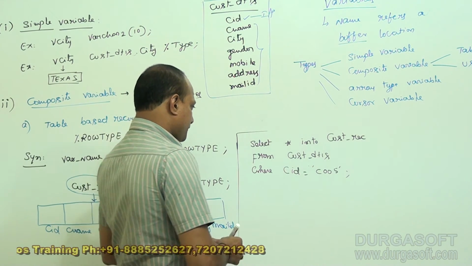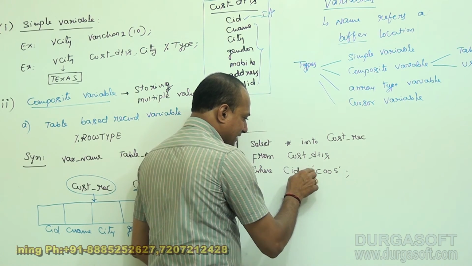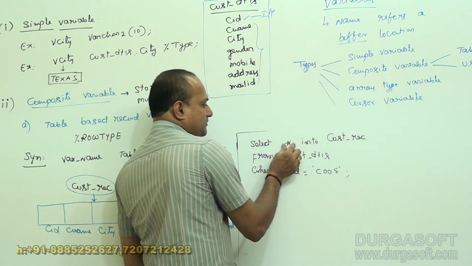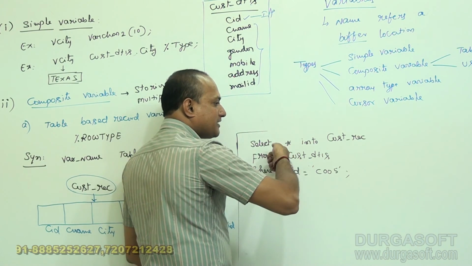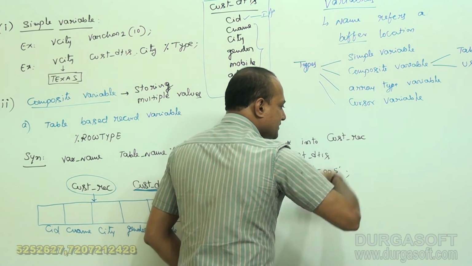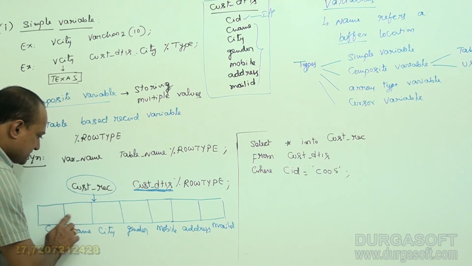If the customer ID value is C005, from that record it takes all column data. That matched record is saved into cust_rec.